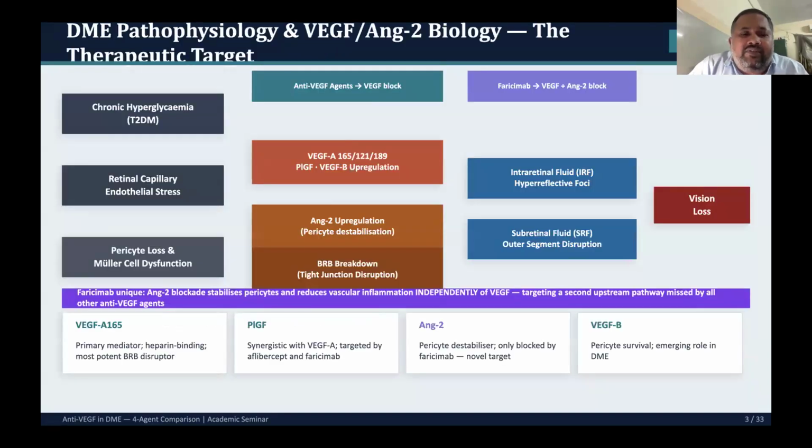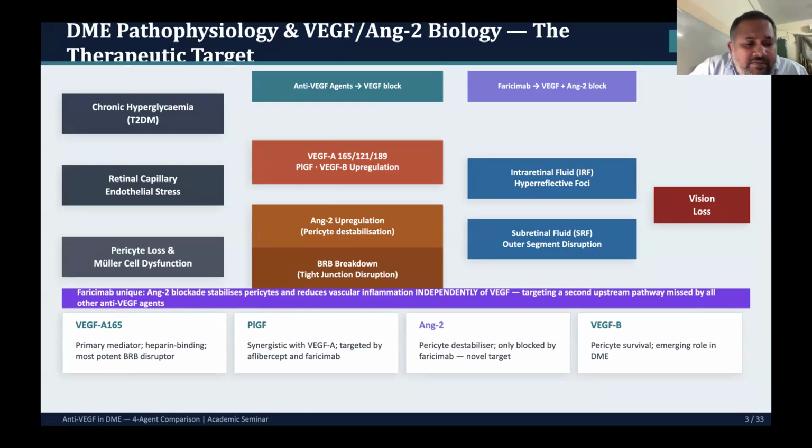So, a general overview of the etiopathogenesis: for diabetic macular edema, we have chronic hyperglycemia, type 2 diabetes, retinal capillary endothelial stress, followed by pericyte loss and immune cell dysfunction.